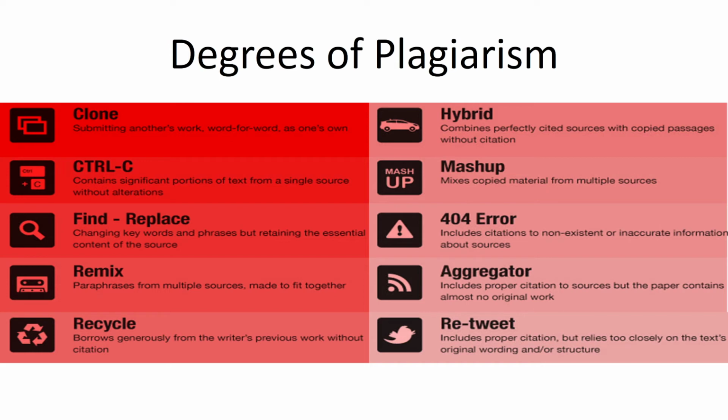That just refers to when you basically take somebody else's work and you put your name on it. That's obviously plagiarism. That's obviously unethical. And that's not going to be okay in any class for any assignment. But as you go down the list, you see that less and less material is being copied. And when you get to the right side, near the bottom, that stuff probably doesn't even look like plagiarism to you. And a lot of instructors might agree.